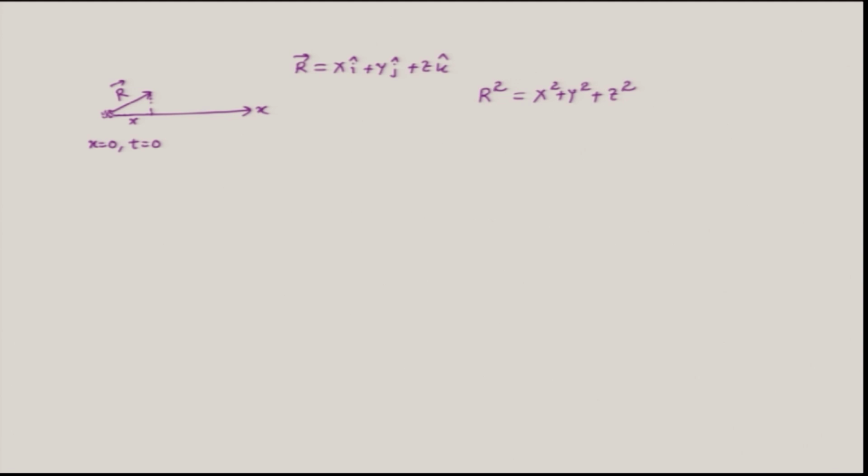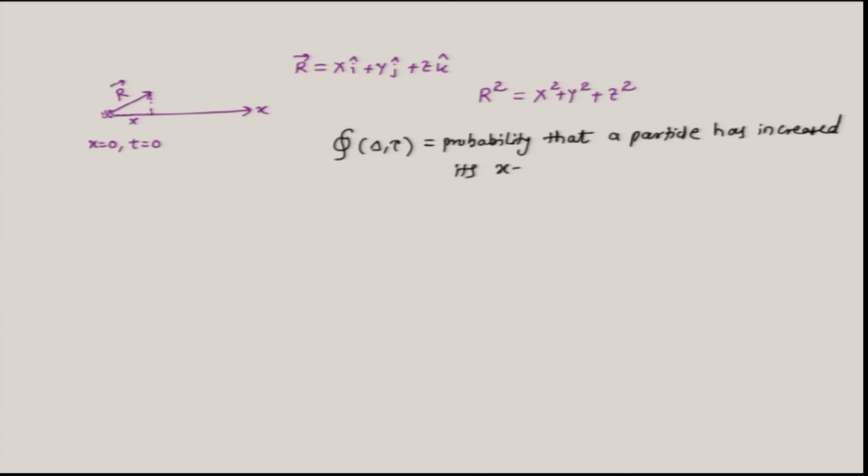So, what Einstein did, he defined a function phi of delta tau, which defines the probability that the particle has increased its x coordinate by delta in small time interval tau.